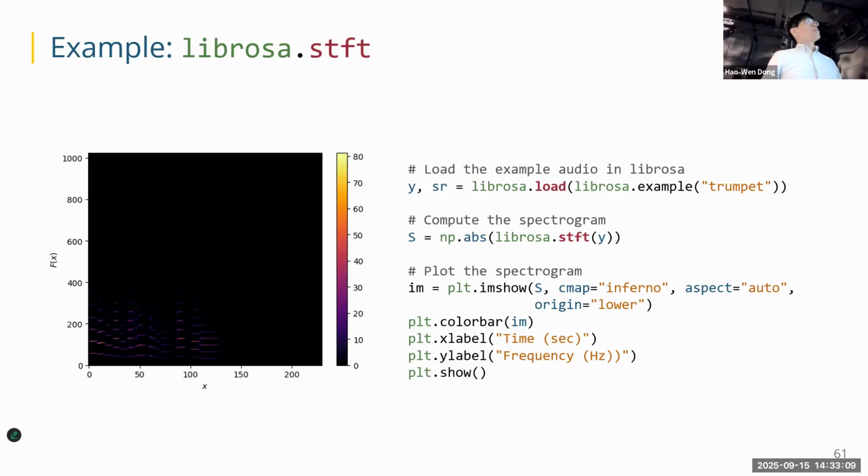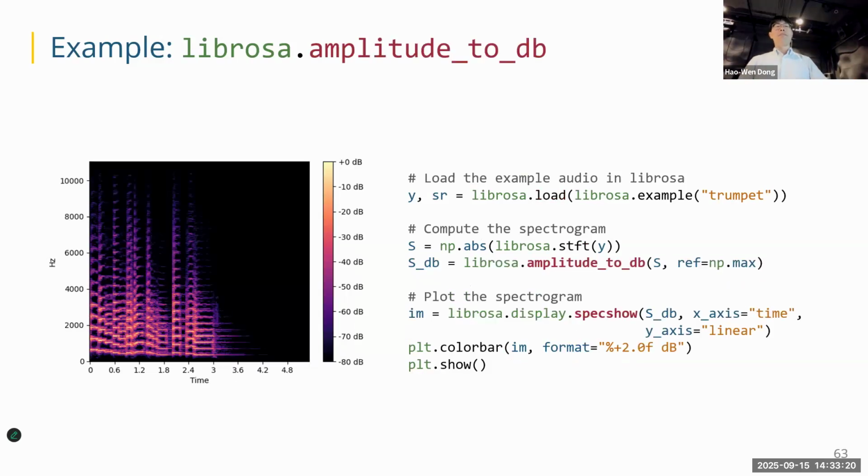So look at this. This is what you get, and everything is very faint because we usually represent spectrograms in decibels. So we talk about decibel. Decibel is a log scale, because our human ears perceive audio on a log scale.